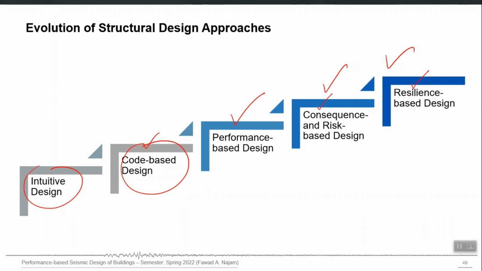Any design decision, if it starts getting affected by the consequences or associated risk, then it becomes risk based design or consequence based design. So you do not focus only on the performance of that building, but you also consider the nearby buildings, the overall community, the social aspects, the environmental aspects. When you consider all that and they start affecting your design decision making, then this becomes consequence based design or risk based design.